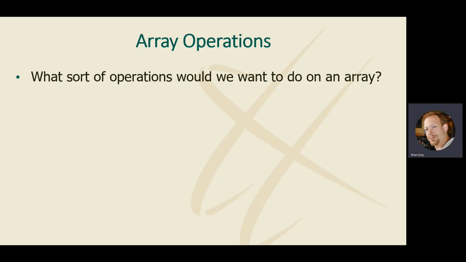What else could we want to do though, right? We could fill a slot in. We could read from a slot. Well, what if we have A, C, D in our array, and we want to insert B, and we want to keep this in order, okay?